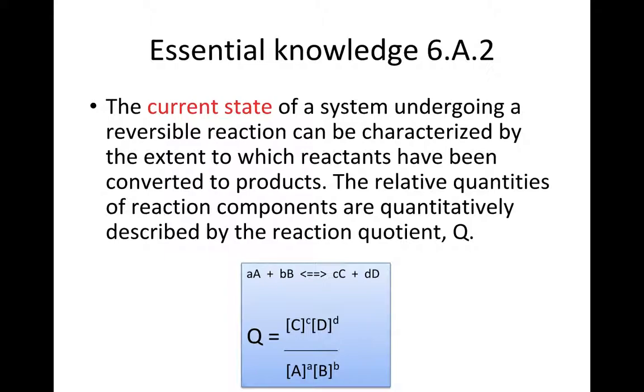What we would want to evaluate for our reaction quotient Q is the molarity of chemical C raised to the power of little c, the coefficient of that product, times the molarity of D raised to the coefficient of D, divided by the quantity molarity of A raised to the power of its coefficient little a, times the molarity of B raised to the power of its coefficient little b.